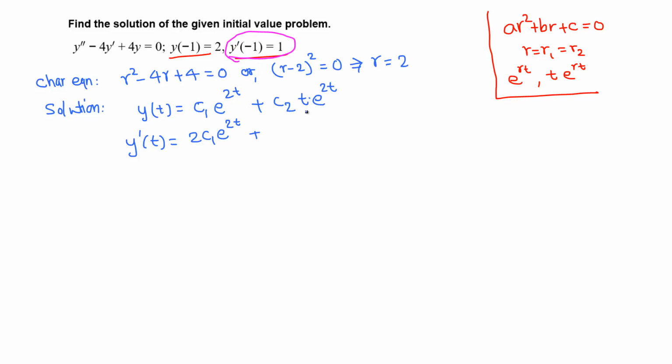It's a product, so we need to use the product rule. So c2 stays outside. Derivative of the first factor is 1 times e^(2t), and leave t alone, plus t times the derivative of e^(2t), that's 2 e raised to 2t.